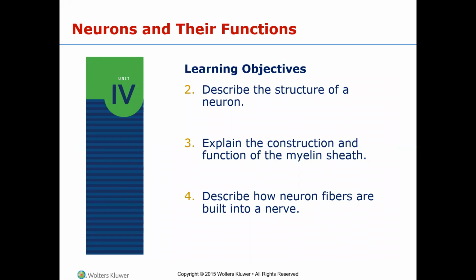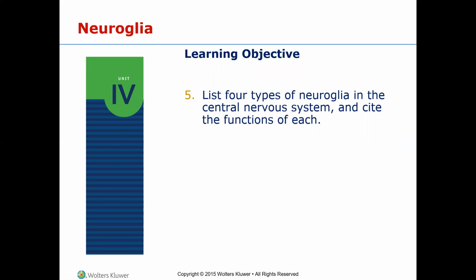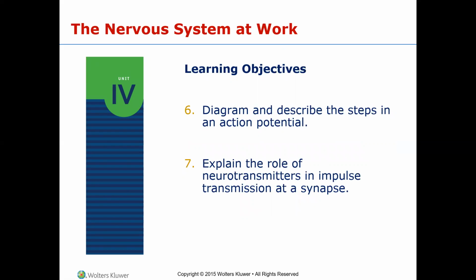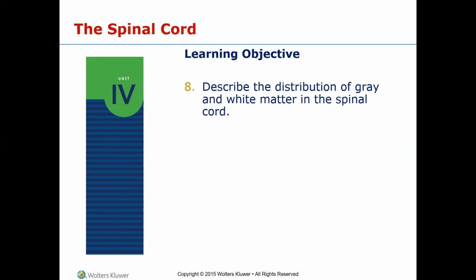You'll be able to describe the structure of a neuron, explain the construction and function of the myelin sheath, describe how neuron fibers are built into a nerve, and you'll also list the 4 types of neuroglia in the central nervous system and their functions. I'll not be holding you responsible for the steps in an action potential or how neurotransmitters in an impulse transmit that into a synapse.